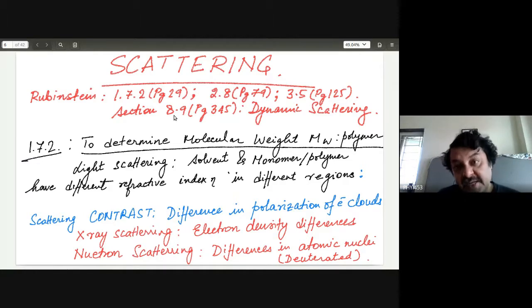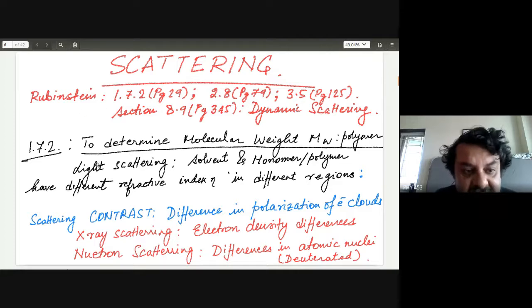We can figure out interpolymer chain interactions, the conformation of a single polymer chain, in the dilute regime and in the dense regime. But let's start with the dilute regime because it's simpler. And we can also figure out molecular weight, interchain interaction, intra-chain conformation, and so on and so forth.